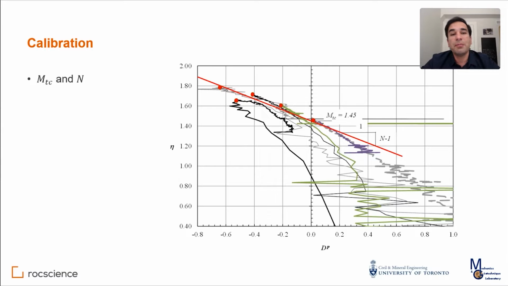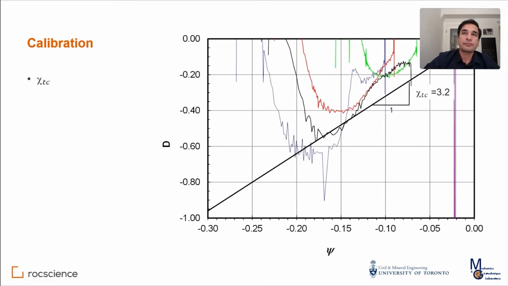Do not go with a blind selection of the peaks, because those increments of strain that you're dividing by each other are very small numbers, and you don't want numerical instability to affect your choice. Sometimes I run a moving average on this if I need to smooth the data a bit, but it's always good to plot the path and pick those points visually. The next one is chi, very similar.